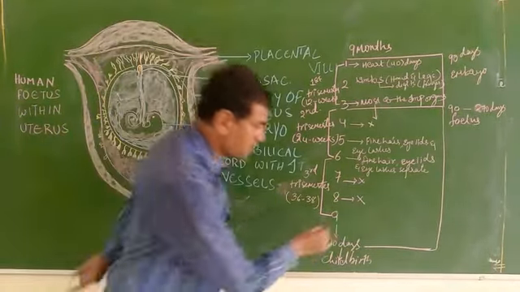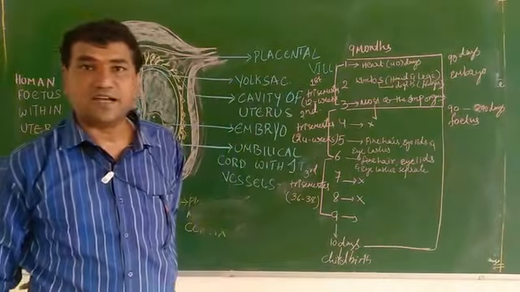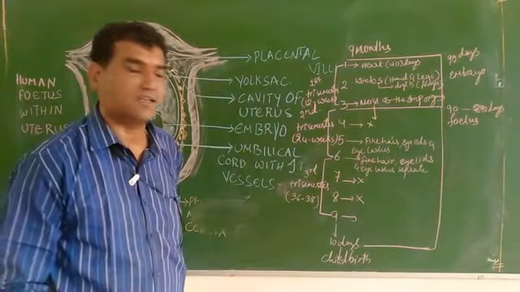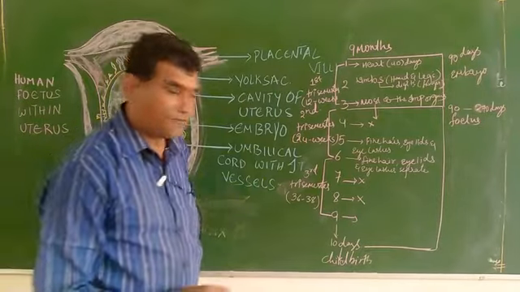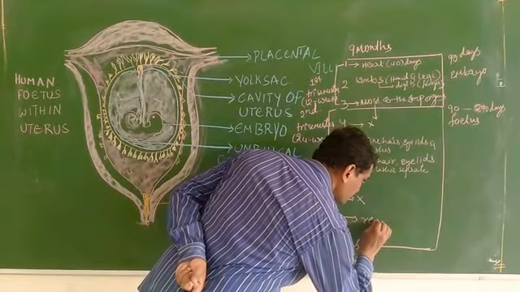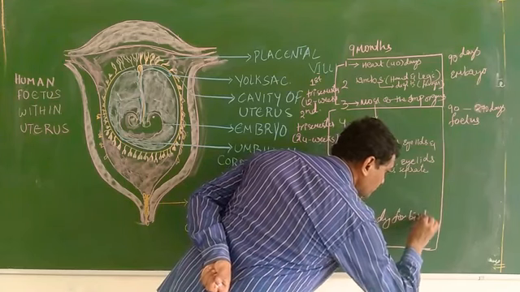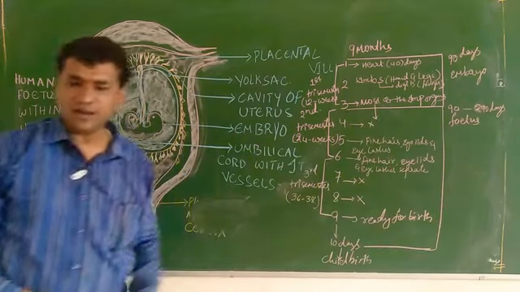Generally in the 9th month the baby is ready for birth. From the 9th month onwards, the baby is ready for birth.